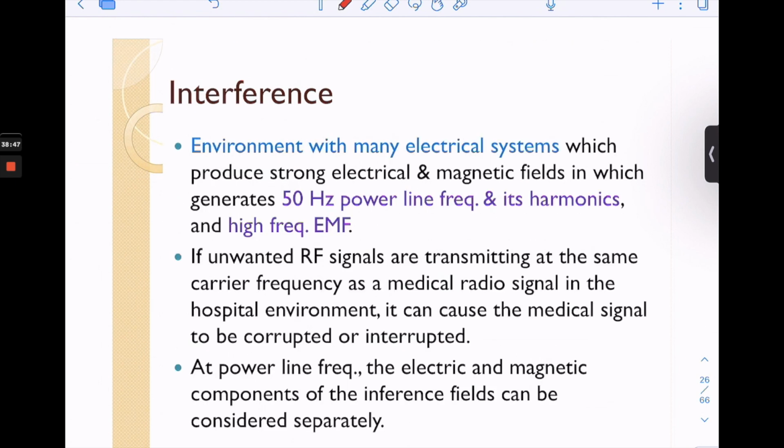Other interference can also be caused by the environment, with many electrical systems which produce strong electrical and magnetic fields, which generate 50 Hz power line frequency and its harmonics and high frequency EMF. In hospitals, usually there are many equipments in one room, right?